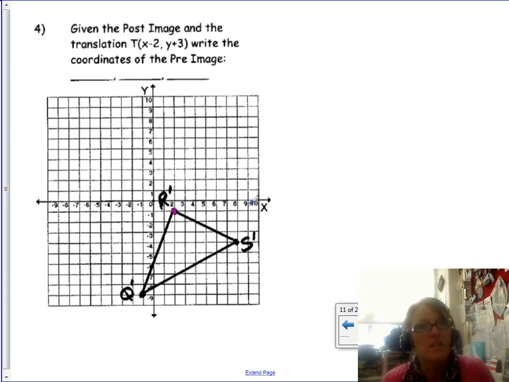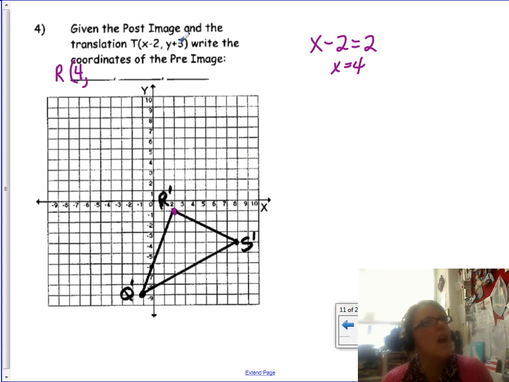So where did you start? Well, right now my X coordinate's 2. What would you have to have started with in order to subtract 2 and get 2? So in other words, X minus 2 equals 2. That means X had to start out as 4 in this case. So my original for R, my X value is at 4.